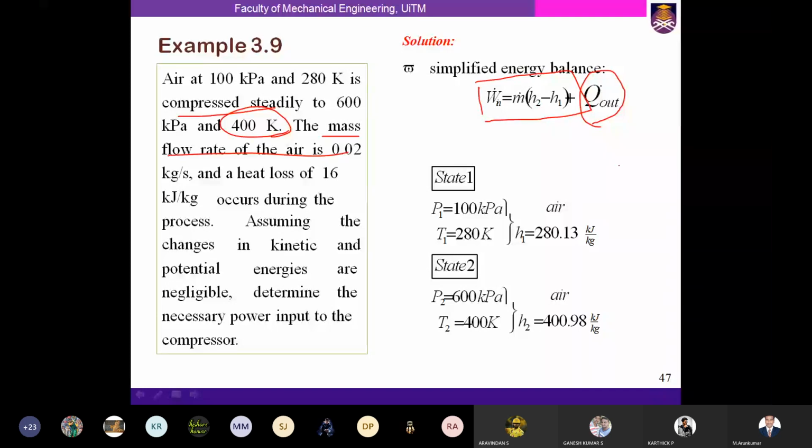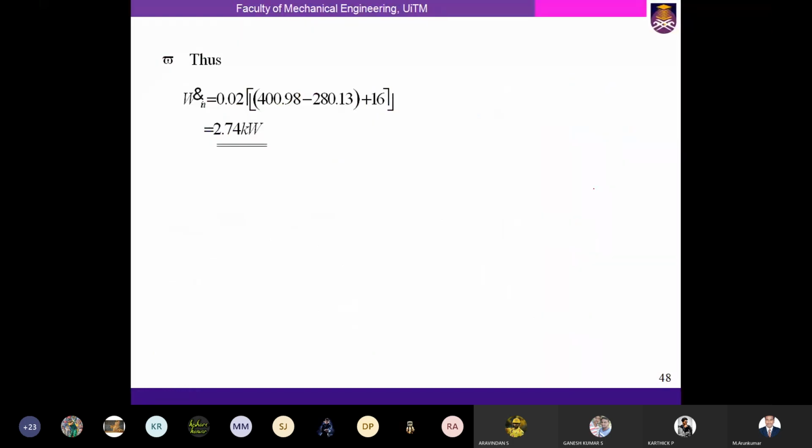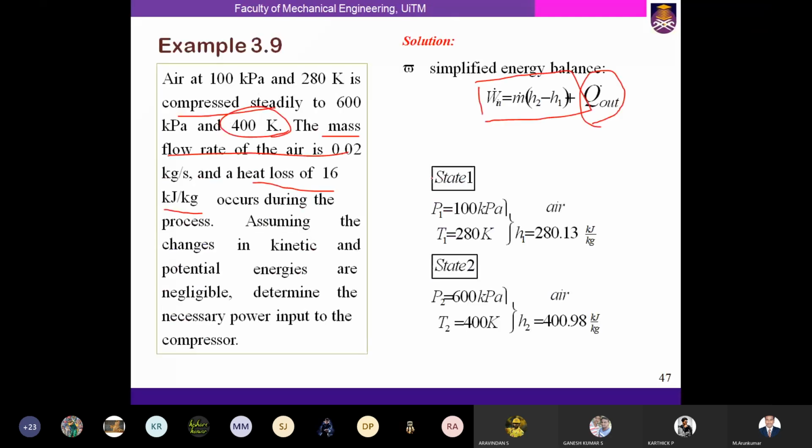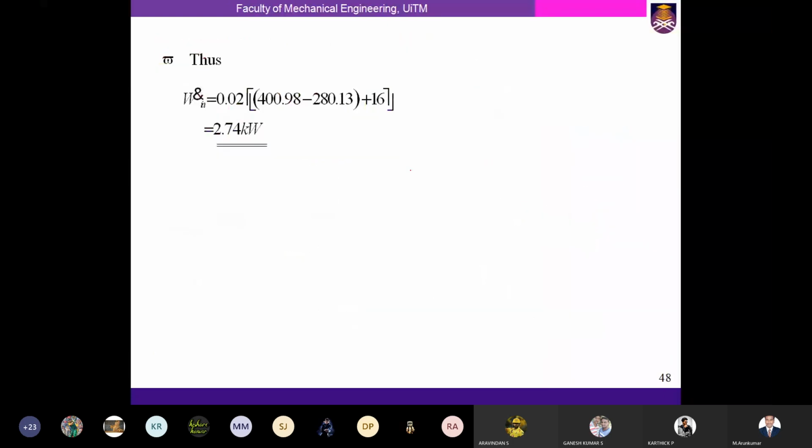Q is also given, a heat loss of 16 kilojoule per kg, Q out, so we can directly take 16 in the formula. If we substitute, we get the work input. So we have to give 2.74 kilowatt of work into the system, into the compressor.